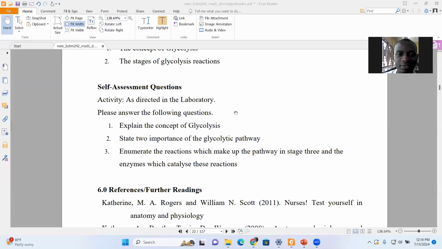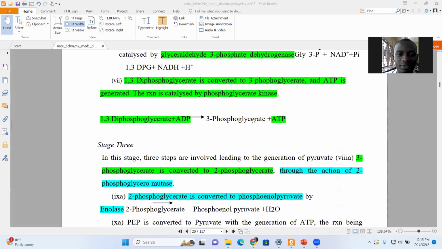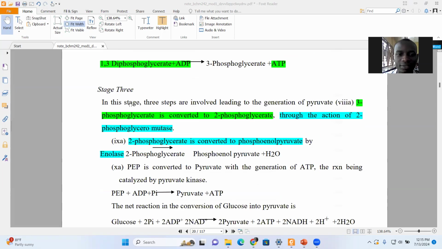Okay, so self-assessments. As directed in the laboratory, please answer the following questions. Explain the concept of glycolysis. Stage 2, importance of the glycolytic pathway, and then enumerate the reactions which make up the pathway in stage 3 and the enzymes which catalyze these reactions. When you read your lecture note, you should be able to tell stage 3, right? In this stage, 3 enzymes are involved. Generation of pyruvate, where 3-phosphoglycerate is converted.